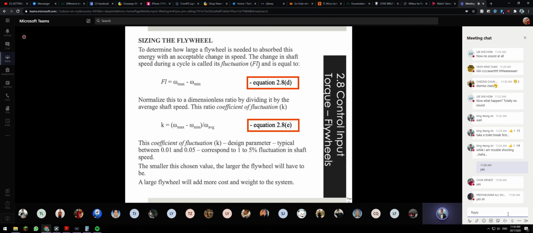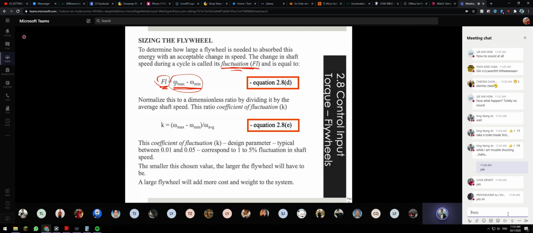So one of the things that we define is the fluctuation, FL. The FL will define the difference between the maximum omega and the minimum omega. So the smaller the FL or the fluctuation you set, the closer these two values have to be, right?